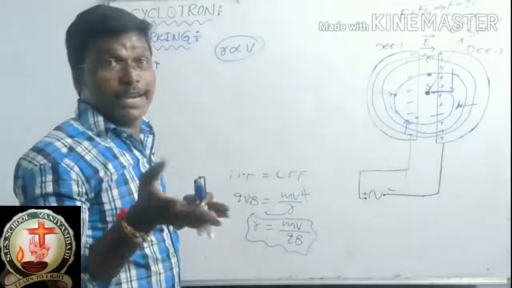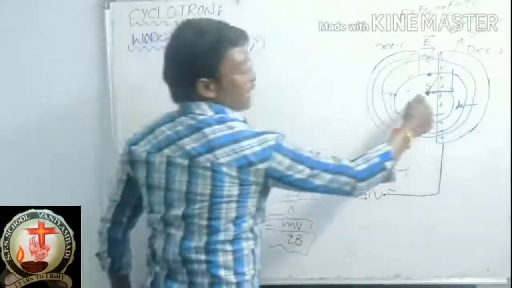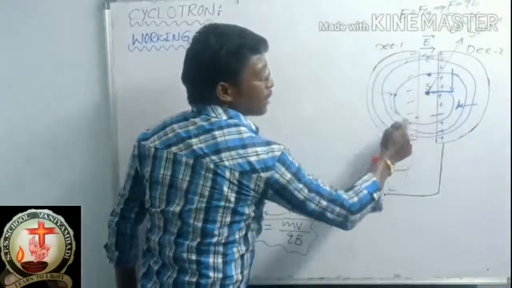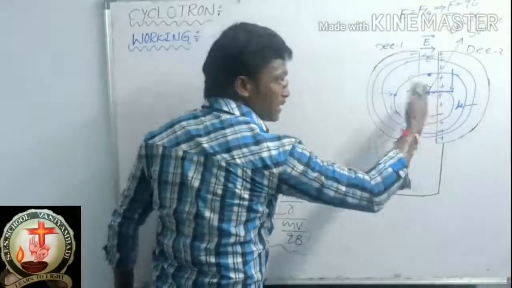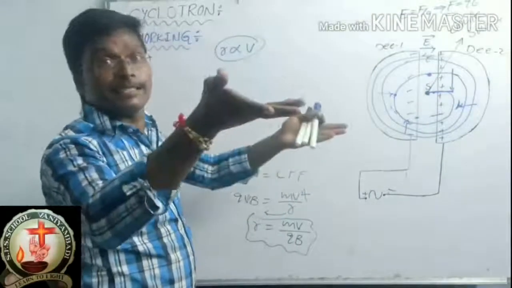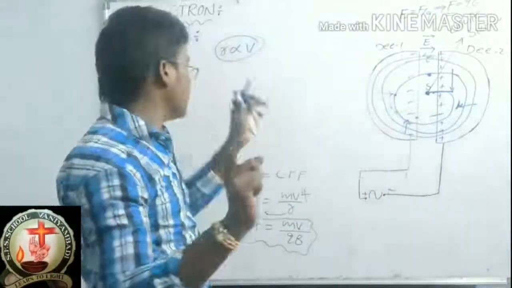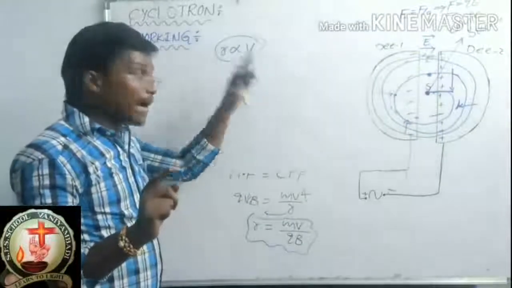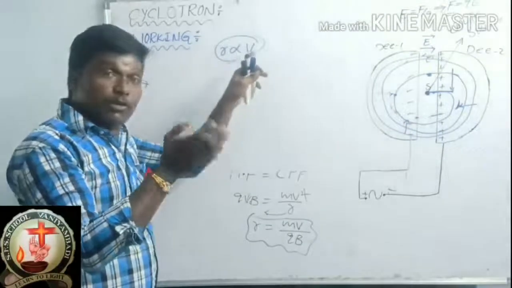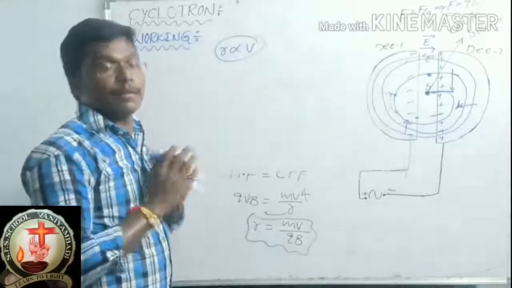That is the meaning of directly proportional, right? That means the radius is increasing here to here, here to here, here to here, so the speed, the velocity of the ion also increases. That is the meaning.